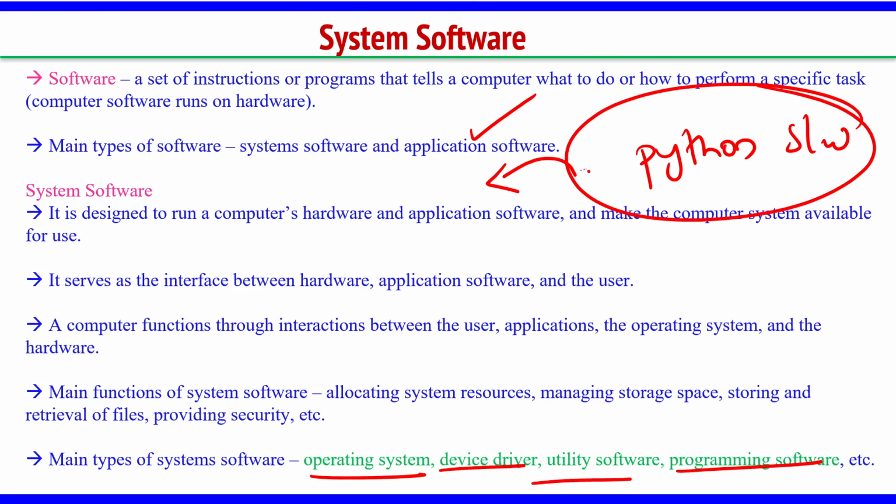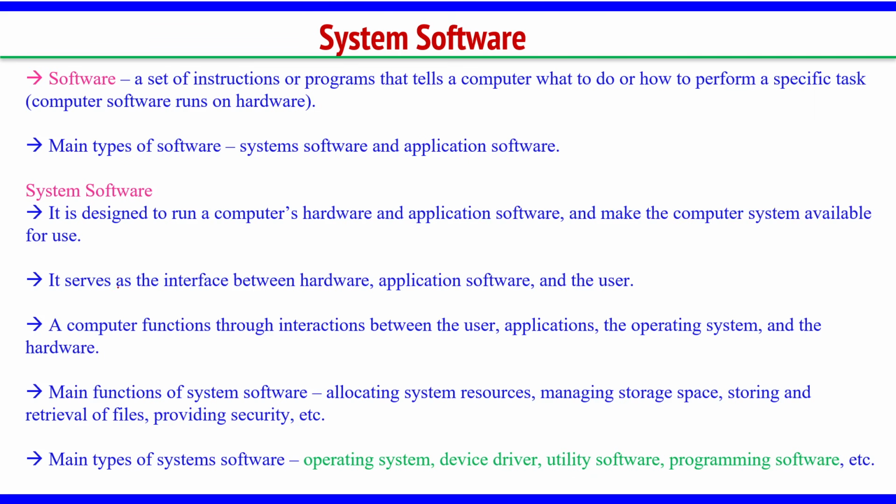Okay, right? So it serves as an interface between hardware, application software and the user. System software acts as a middleware or an interface between the hardware where the data is stored, and application software which the user is using. Right?